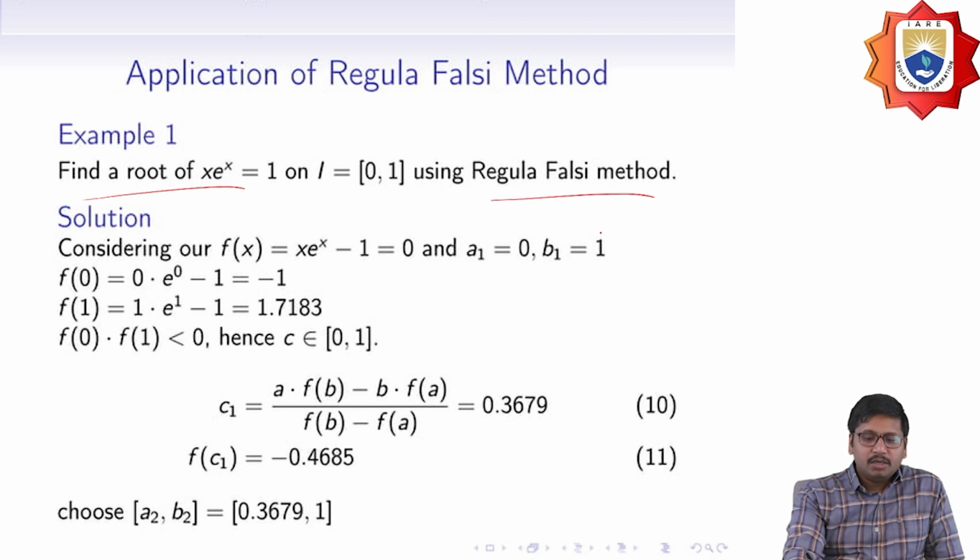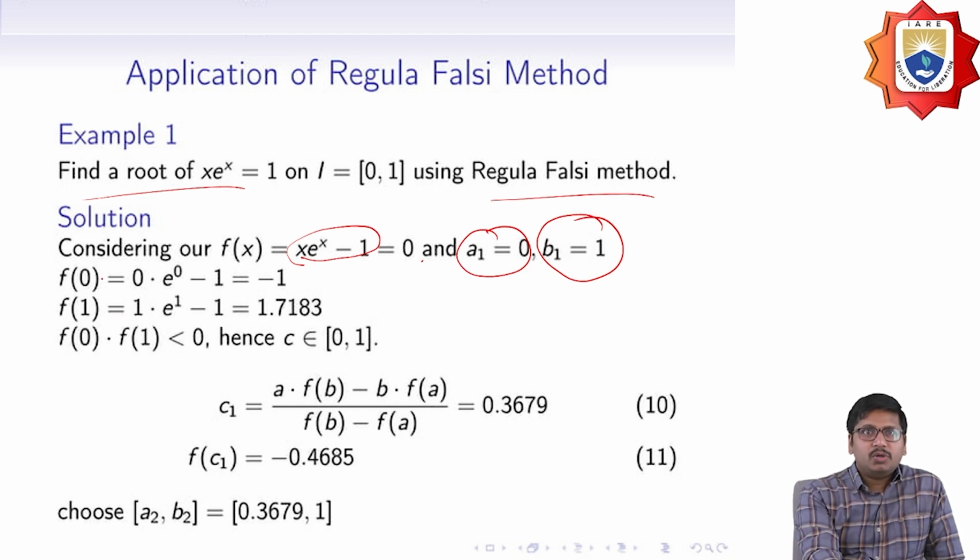Considering f of x equal to x into e power x minus 1 equal to 0, where a1 is 0 and b1 is 1. By substituting x equal to 0, we get 0 into e power 0 minus 1, that is minus 1. By substituting 1, 1 into e power 1, we get this value.